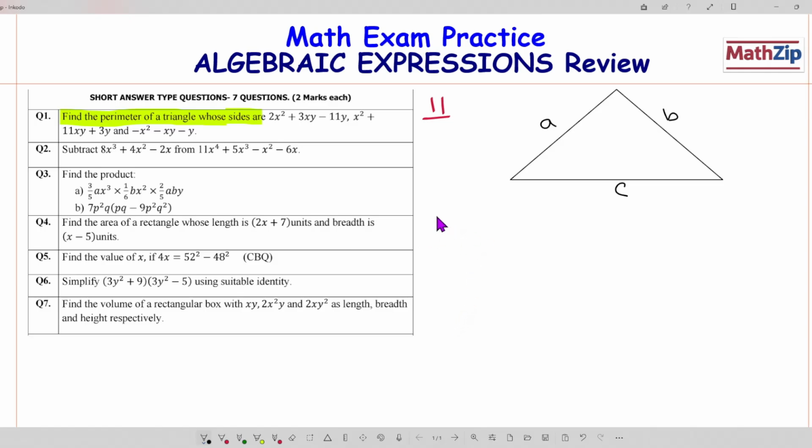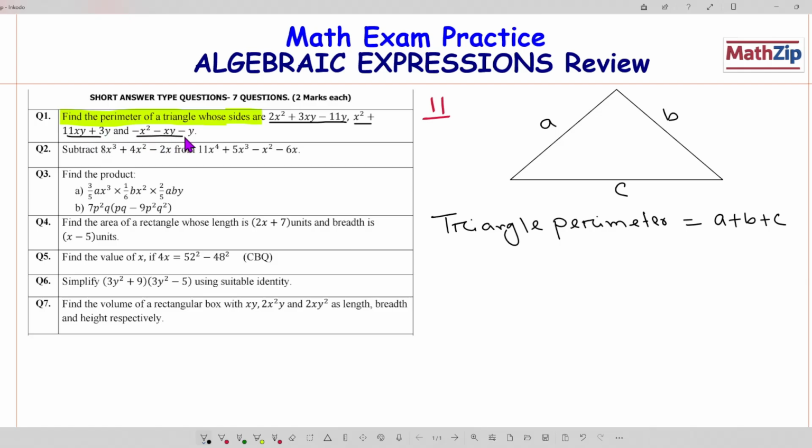So triangle perimeter is the length of whole sides. It means A plus B plus C. So here is sides, some algebraic expression here.